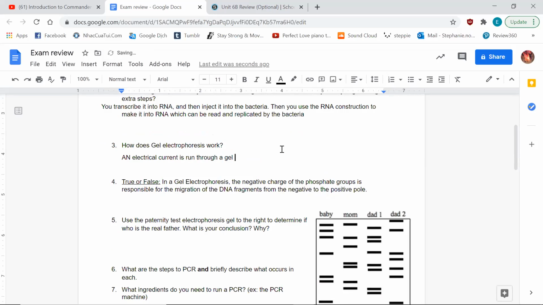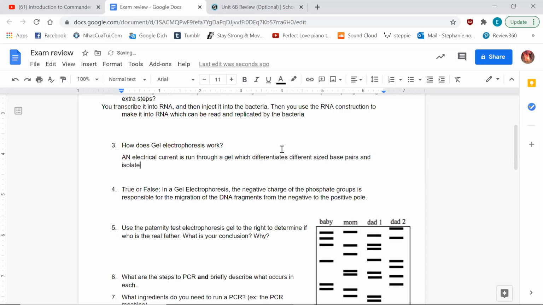Run through a gel and isolate specific alleles into separate parts.